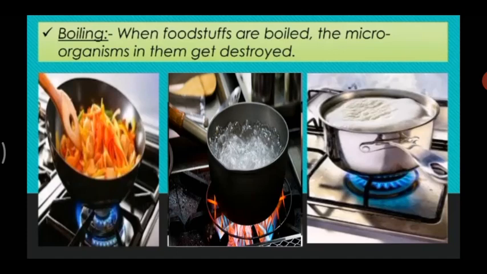And it may have microorganisms also. You cannot see the microorganisms as they are very small, so they may affect your health. So we boil those fruits and vegetables before eating them. Okay. So boiling and cooking is also one of the best options to preserve the food.